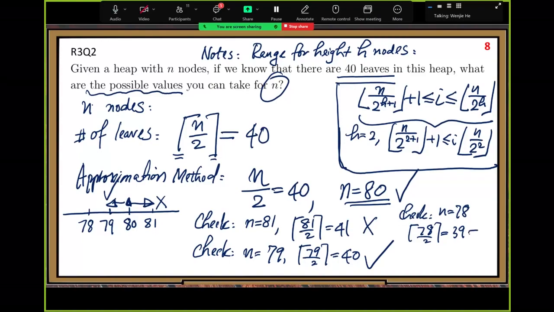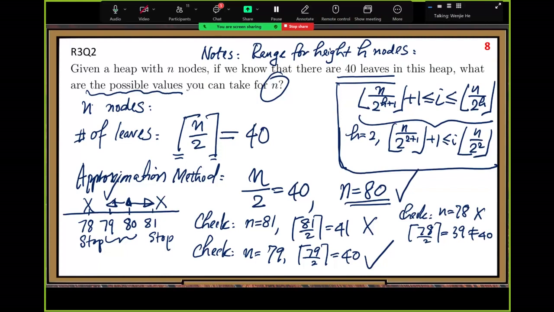So it's not a solution. Then you should stop. After you hit a non-solution, you stop. Every time you hit a non-solution in one direction, you stop. So finally you get two possible solutions, 79 and 80.